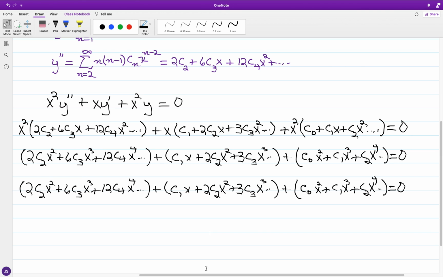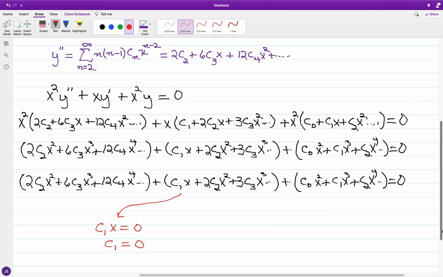But the lowest appearance of the odd subscripted constant is c1x, and there is no first order x term that's going to be joined with this. Since there's nothing that's going to join with this, your first constant c1 is going to be 0.